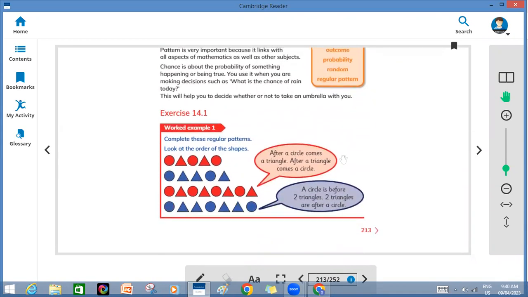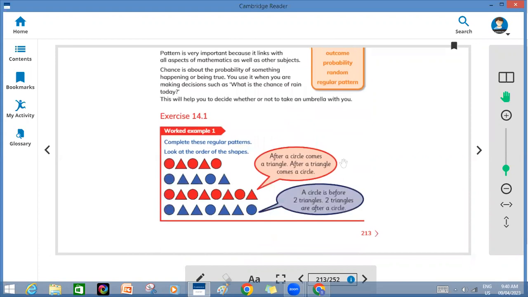See here, exercise 14.1. Okay, what is pattern and how is it linked with maths? Pattern is very important because it links with all aspects of mathematics as well as other subjects. Chance is about the probability of something happening or being true. Probability means that it is a chance whether it will happen or it will not.